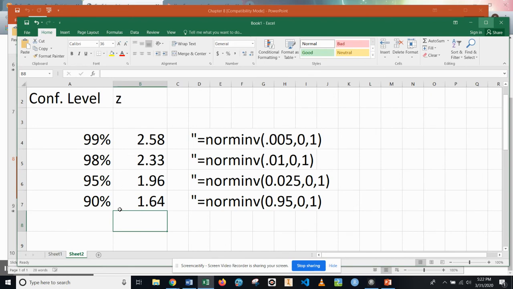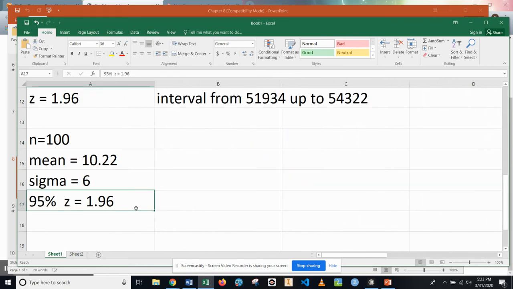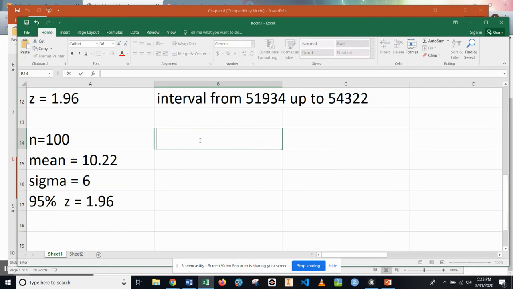It's the z-score. We'll jump around between z-scores shortly so you can see how that changes. So I'm going to start with my mean plus my z-score times my sigma divided by the square root of n.